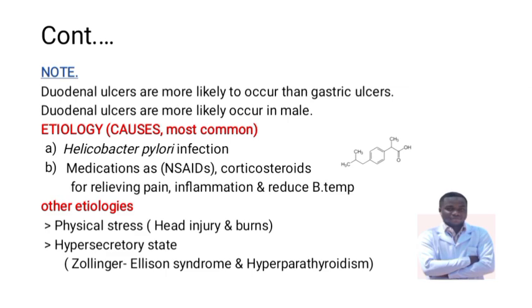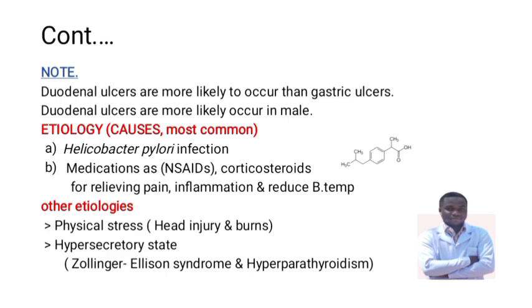Here there is an increase in hydrochloric acid secretion, which overwhelms the defense mechanism and allows an ulcer to develop in the first portion of the duodenum.